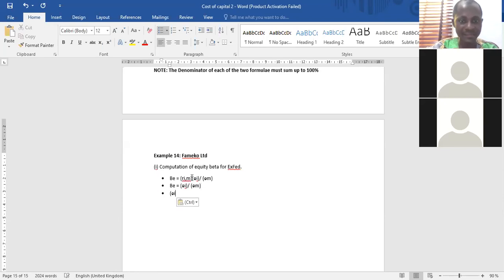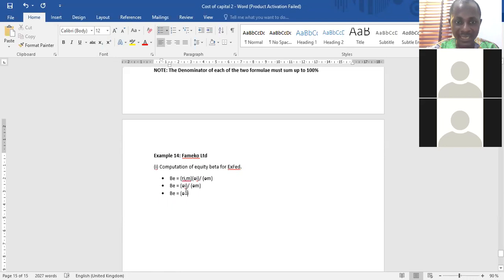We also have the third one as beta of equity is equal to variance of the investments, that is this one raised to power 2.